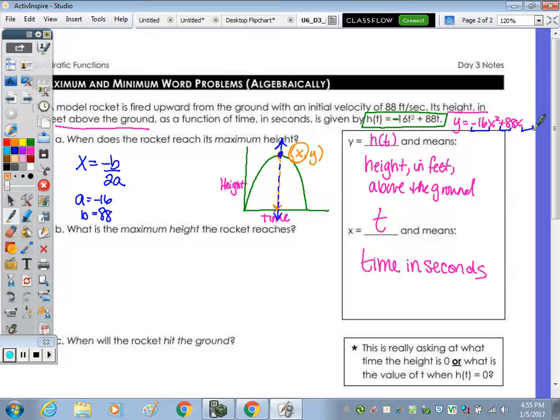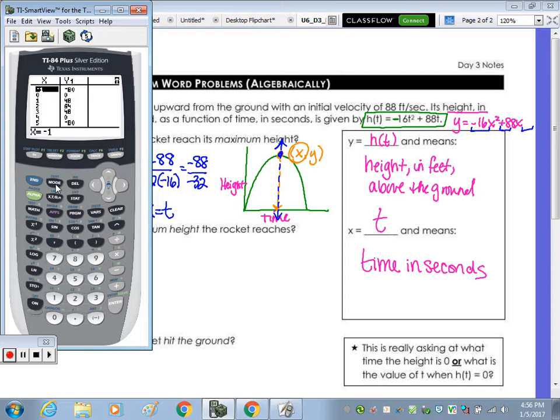So substituting in, we're going to have negative 88 over 2 times negative 16. So negative 88 over negative 32 gives me an x or a t value for time. 88 divided by 32 is 2.75.